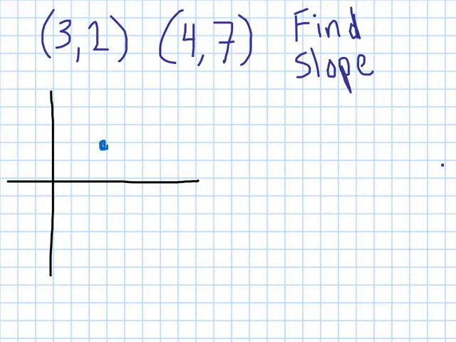So let's see, 5, 6, 7. That's up there. And we have this line. You can kind of see the rise and the run there, and you could calculate it using the graph, but it's much more beneficial to us, especially if your points include fractions or decimals, to use the formula.